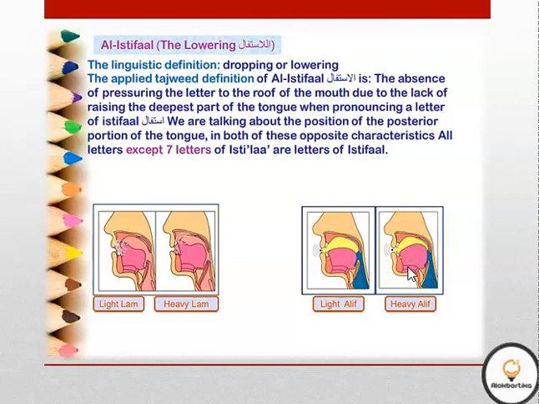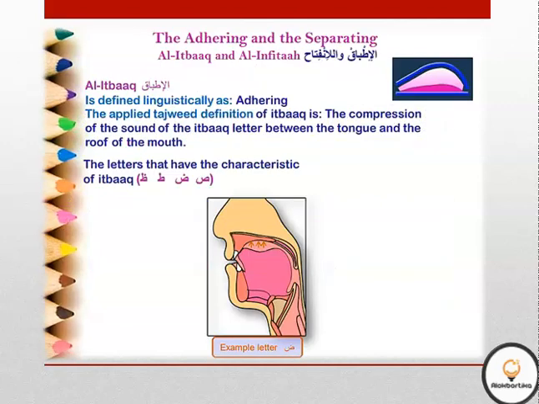So qaf with alif mad: when we are pronouncing qaf as tafkhim, the alif mad is also being pronounced tafkhim. So when this alif mad is pronounced, our back part remains closer to the roof of the mouth. Okay. So these are about isti'ala and istifal.